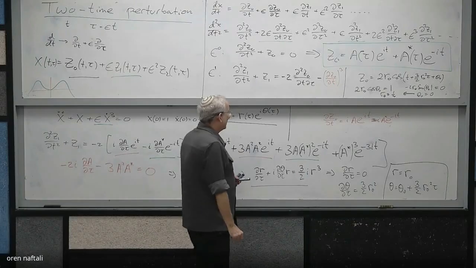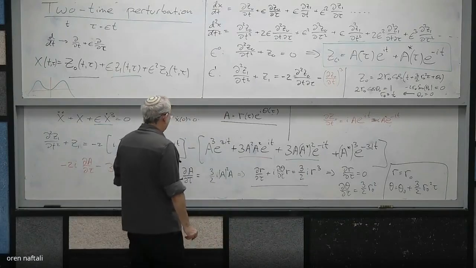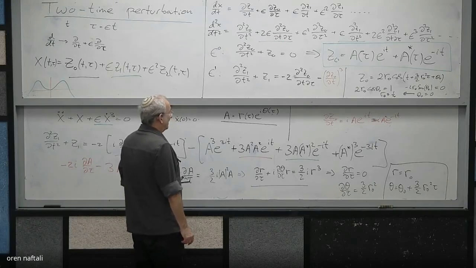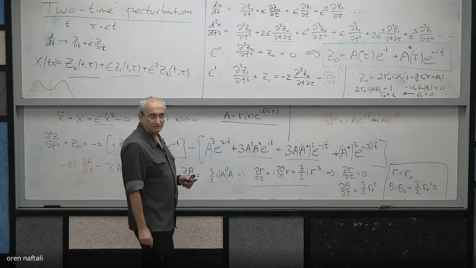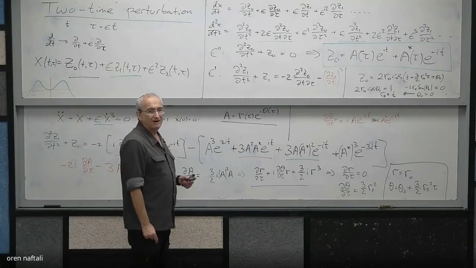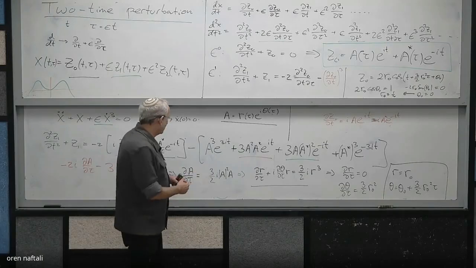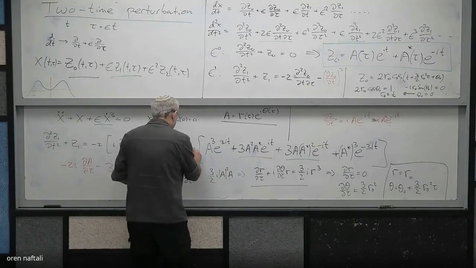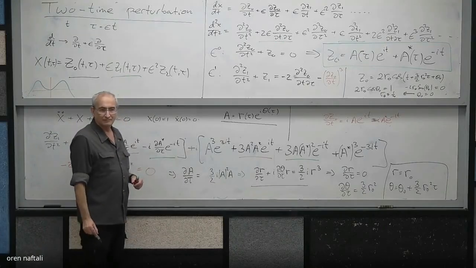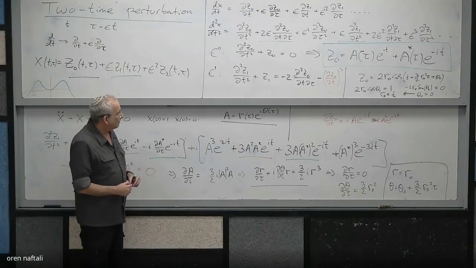Okay, but I would like to claim that, first of all, I will have an i cubed in front of everything. i cubed is minus i. So I should replace this minus by plus i. What else?